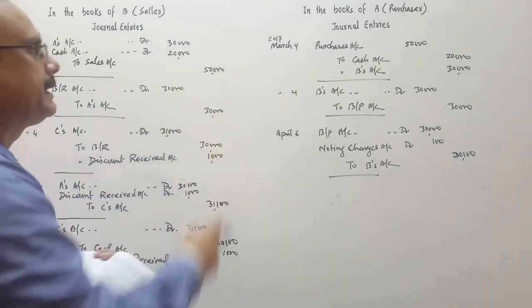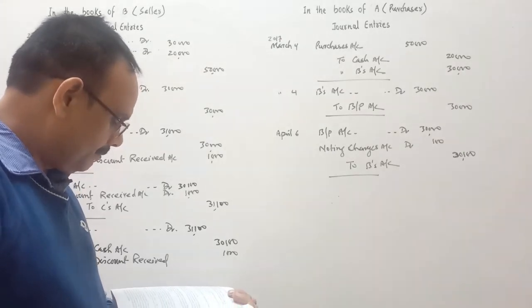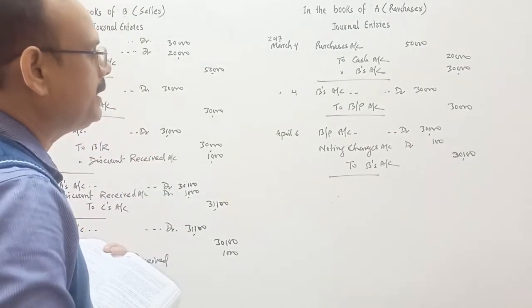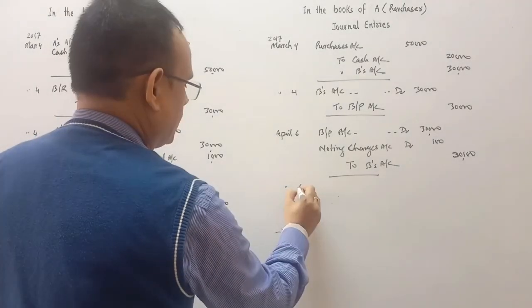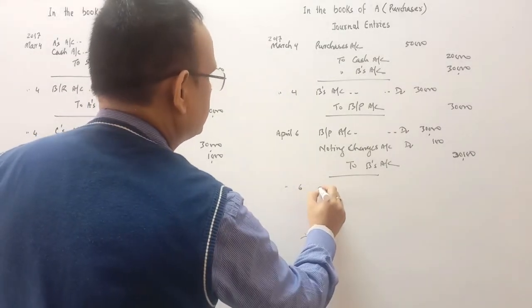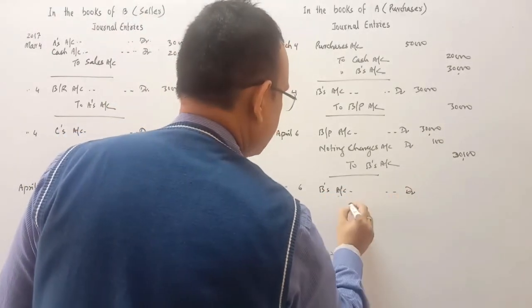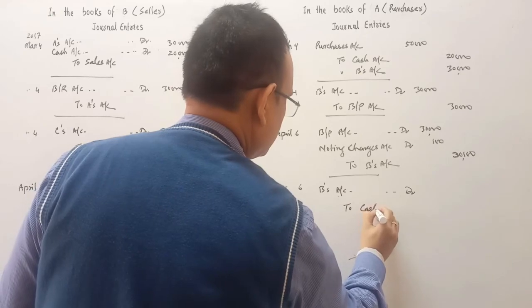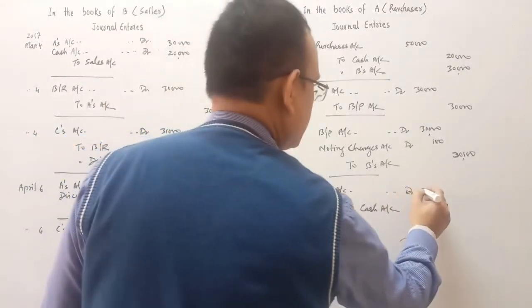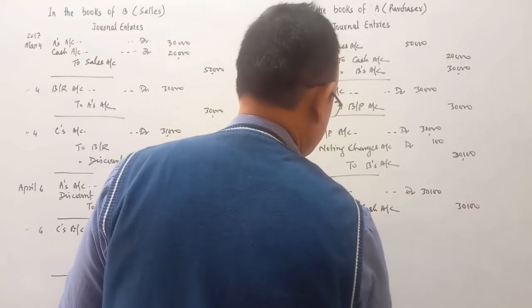And here in case of A, it is mentioned A settled B's claim by check. So on April 6, B's account debit to cash account 30,100.